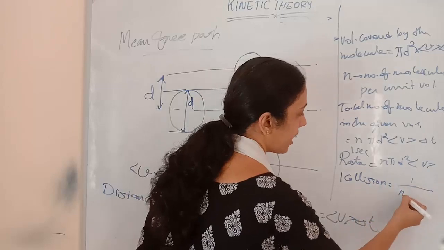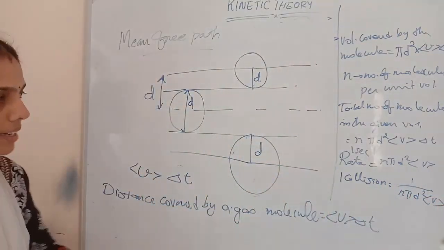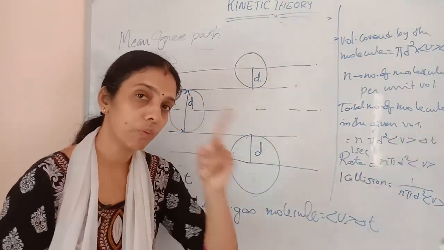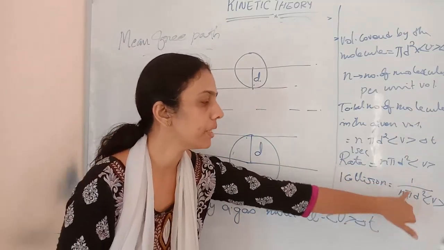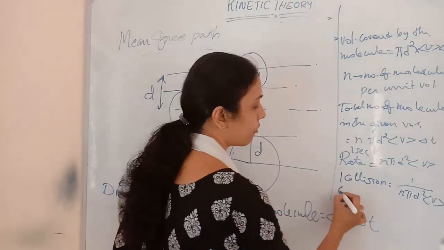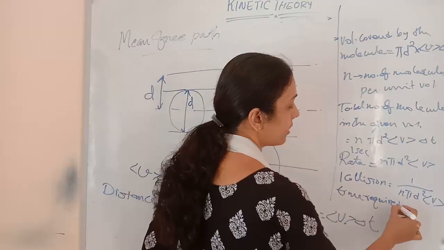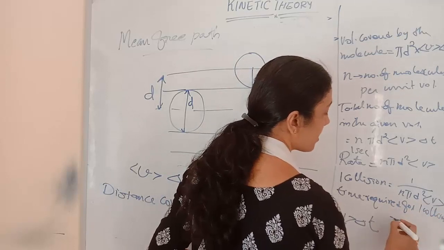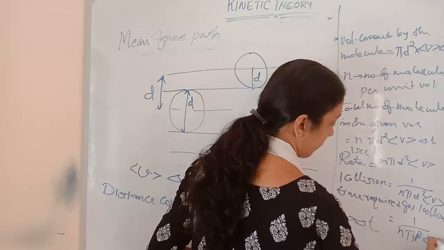It will take 1 by n pi d square v. So the time required for one collision equals 1 by n pi d square v.